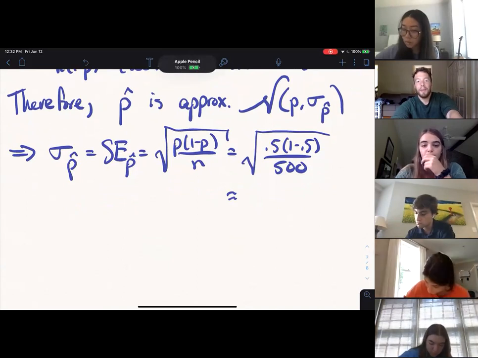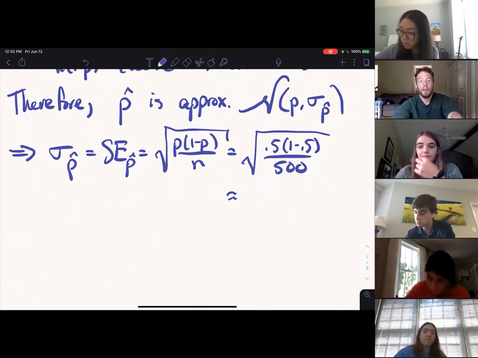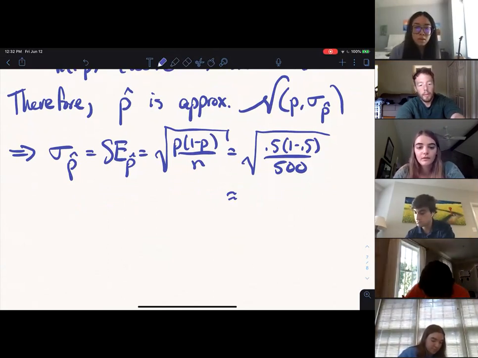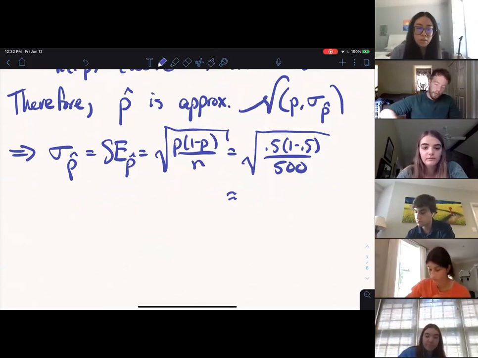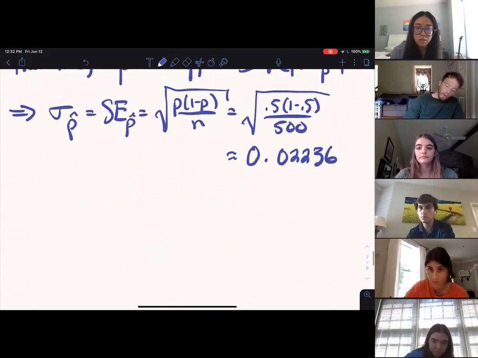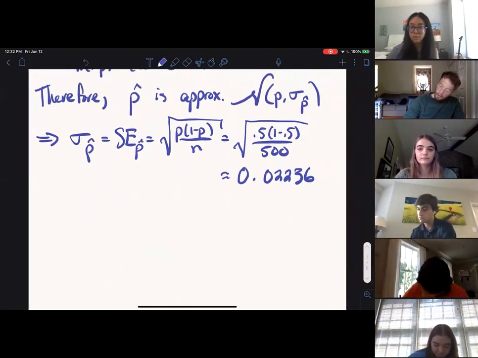There was an error on my notes, so what I have on my notes is wrong. This is going to be approximately 0.02236. Okay? So this is our standard error.